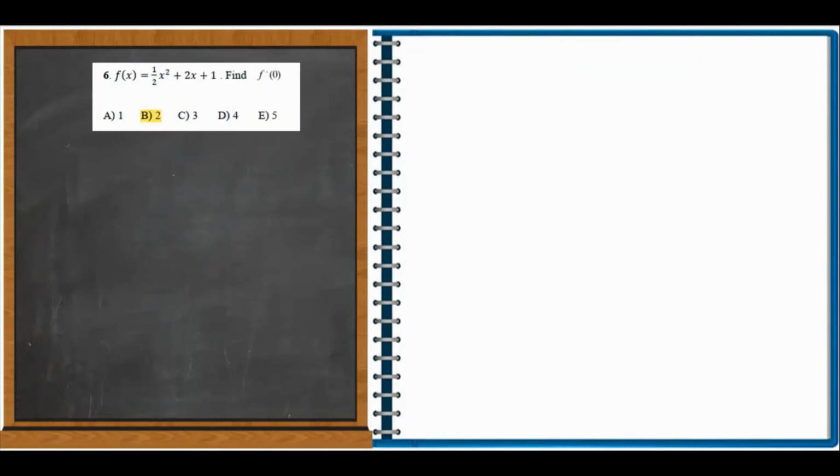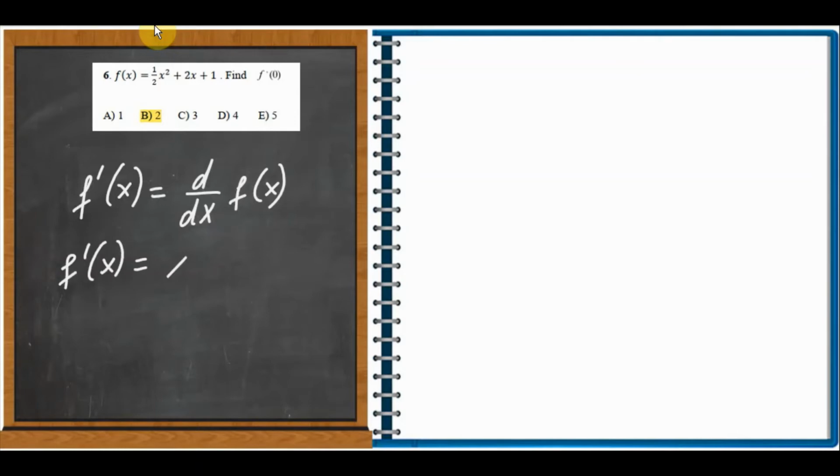Number 6. This question is about derivative. What is f derivative of x? It's d over dx of f of x. Now guys, we need to know the formula of finding the derivative when we have a power function.